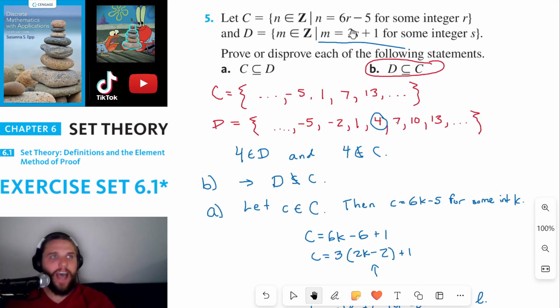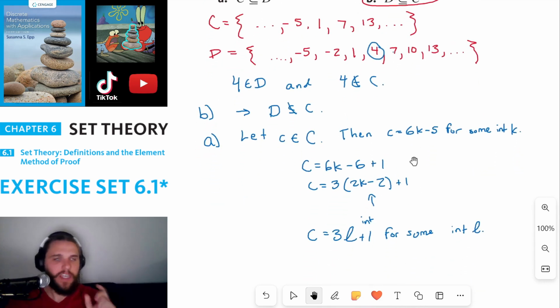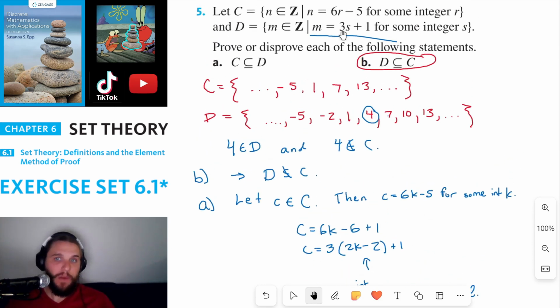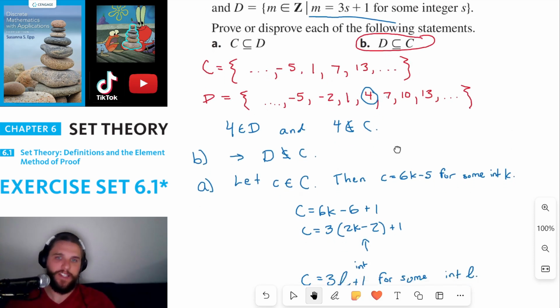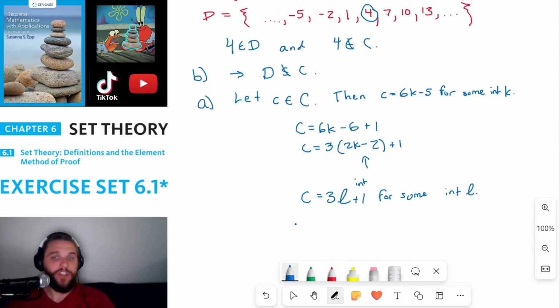I could have used the letter s, since s is a local variable to the definition of D, but just to keep things more coherent, the important fact is that 2k minus 2 is some integer, since integers are closed under multiplication and subtraction. And so c can be rewritten in the exact format needed to show that c is an element of D.